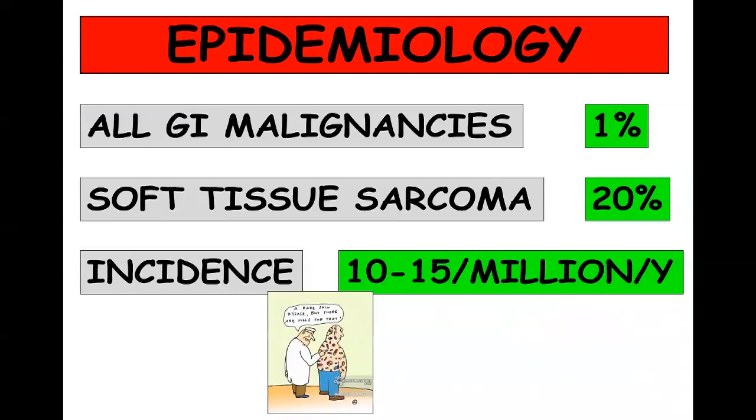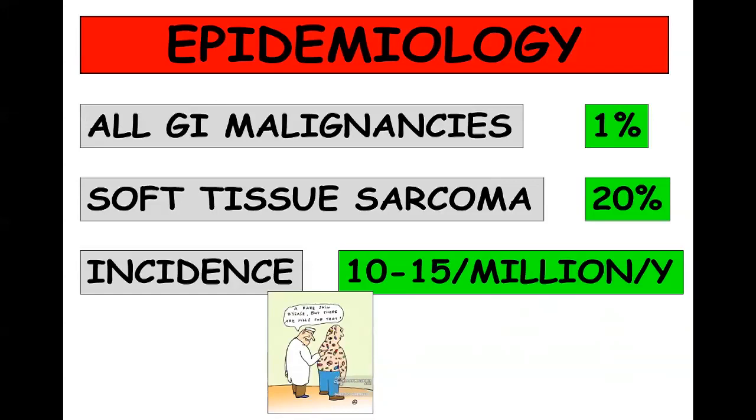What about epidemiology? GIST represents 1% of all gastrointestinal malignancy and 20% of soft tissue sarcoma. The incidence is very rare, with 10 to 15 new cases per million people per year. There are more men than women. The median age at diagnosis is 63 years.